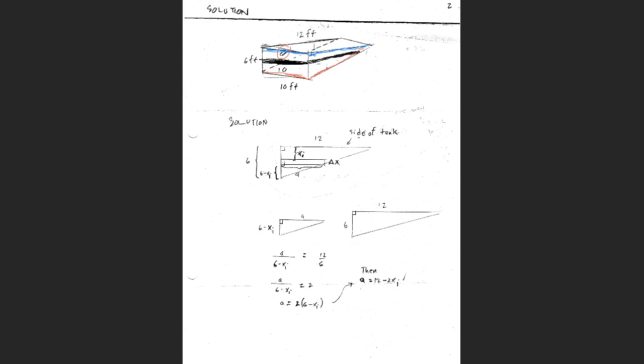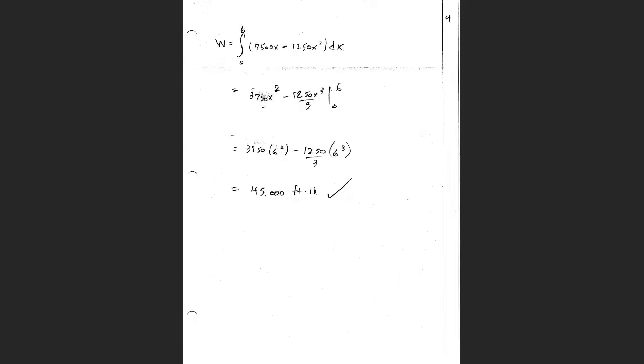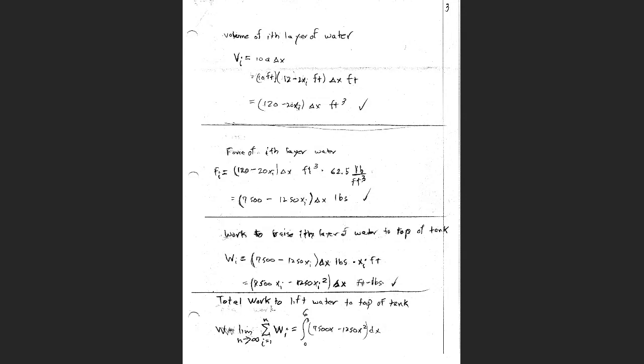Samuel, you're comfortable with that? On those limits? So the upper limit applies to the bottom of the tank, and the lower limit applies to the top of the tank? Good question.